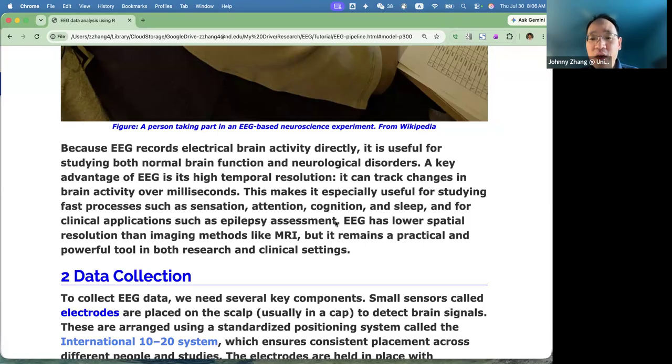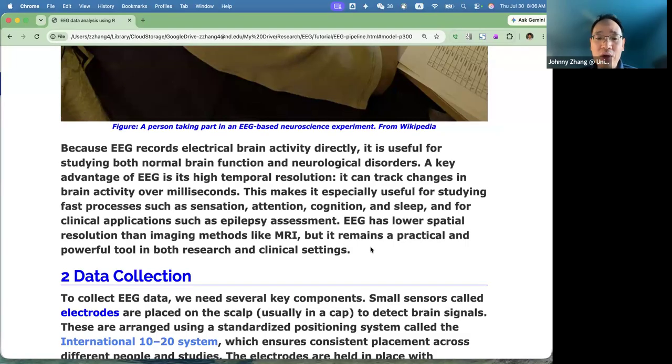Although EEG has lower spatial resolution than imaging methods like fMRI, because we have very long time series data, we can study changes relatively easily, or better than MRI. Because for MRI, you can only collect data with very low time resolution. This method is particularly useful for studying fast changing processes like sensation, attention, cognition, and sleep.